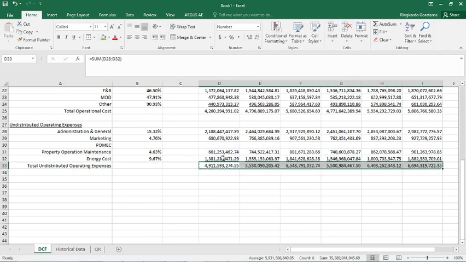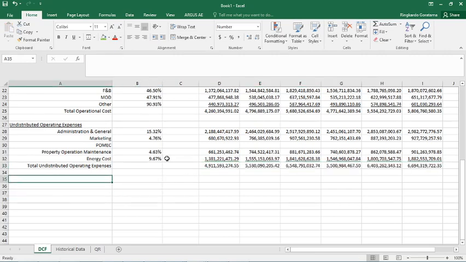All right. So we get the income before fixed charge. Or let's say it's like the GOP.